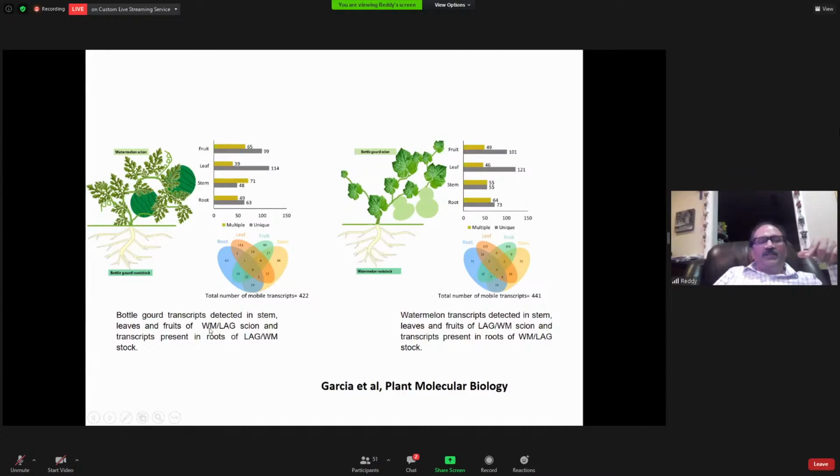And if the watermelon is used as scion, the Lagenaria genes are entering into the watermelon. So back and forth. Here we have identified 441 genes entering from the Lagenaria to watermelon, and some 422 genes are entering from the watermelon.